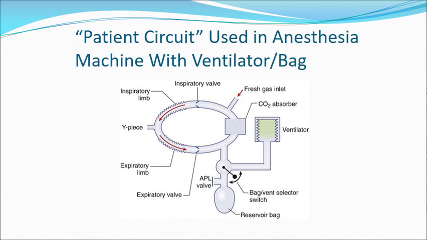Here's an example of a patient circuit used in an anesthesia machine with a ventilator bag. This is basically a constant volume ventilator, and because the patient is deeply sedated, the ventilation actually takes over their breathing. You see there's an inspiratory and expiratory valve.